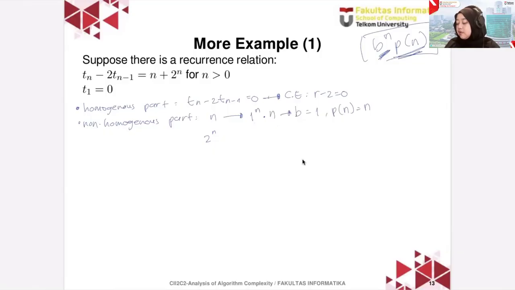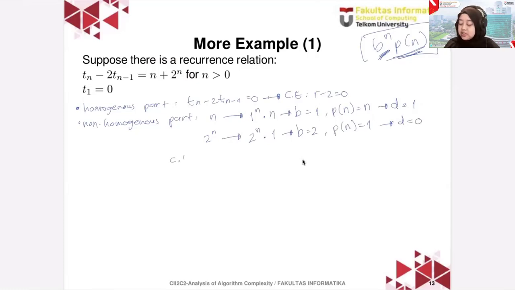So the degree of the polynomial is 1. And from this, we can have 2 to the n times 1. So b is equal to 2, and then pn is equal to 1. So d is equal to 0.